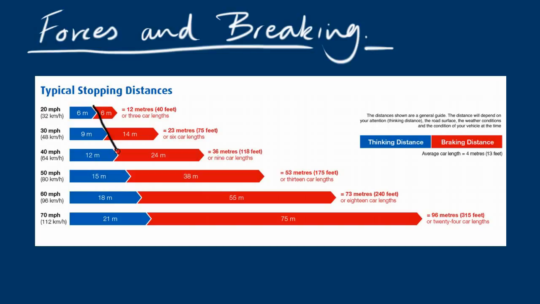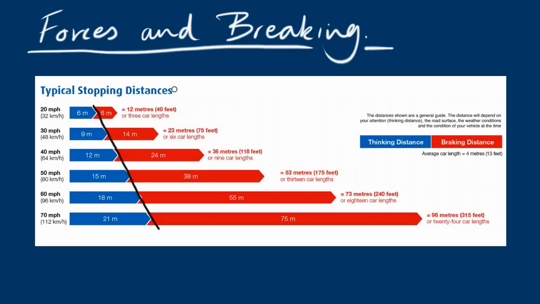This is a nice straight line relationship. It's a proportional relationship. If I double speed from 20 to 40, then I also double thinking distance from 6 to 12. If I go from 30 to 60, then I double from 9 to 18.